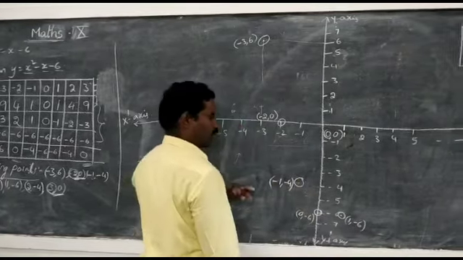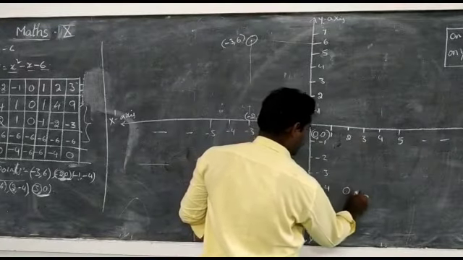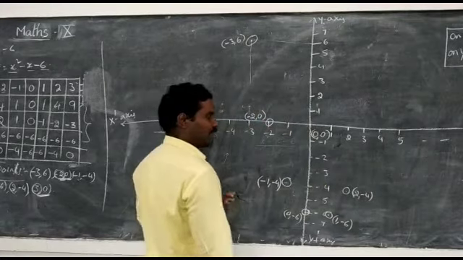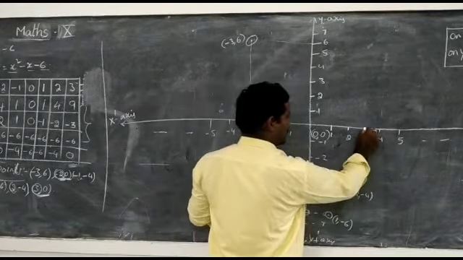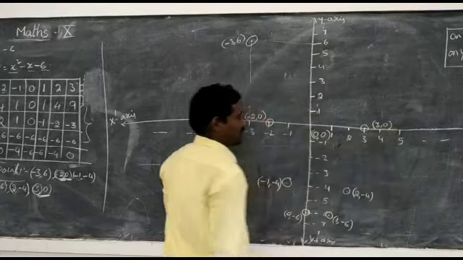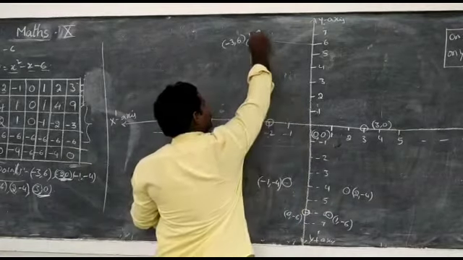And the next point 2, -4. And the next point 3, 0. On the x-axis 3, y-axis 0. This is 3, 0. And join with a freehand smooth curve.